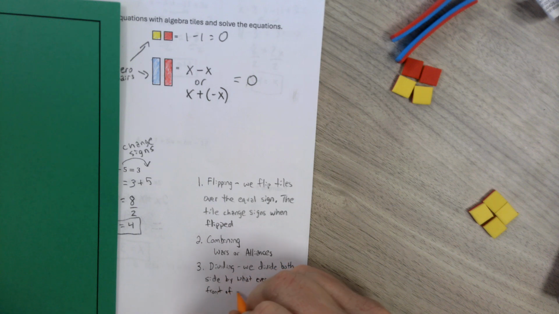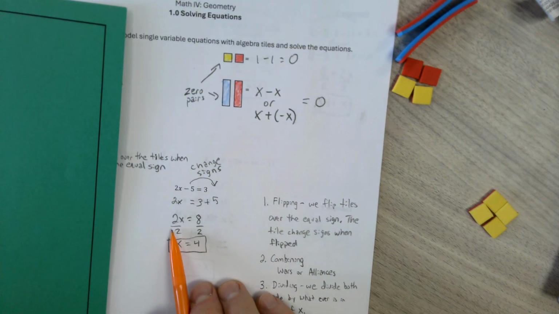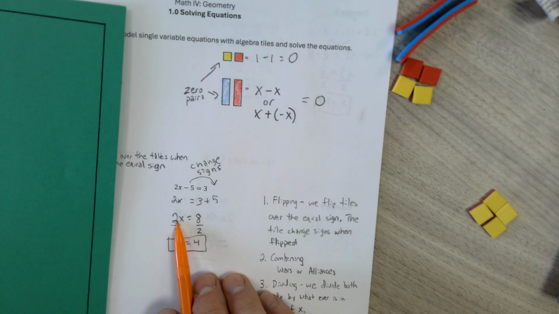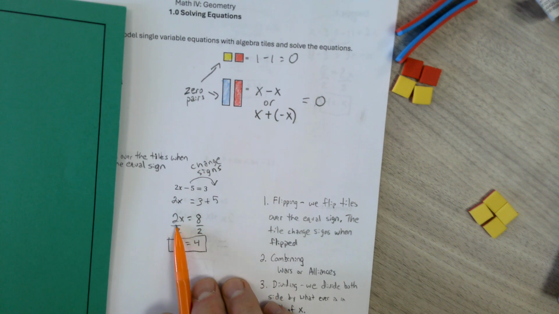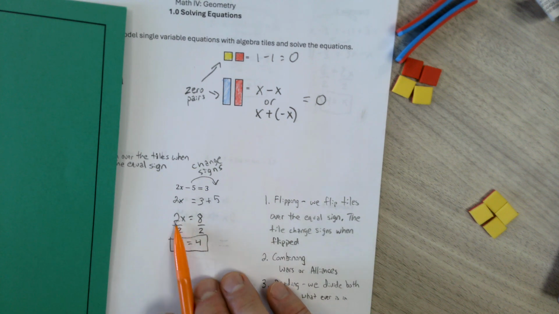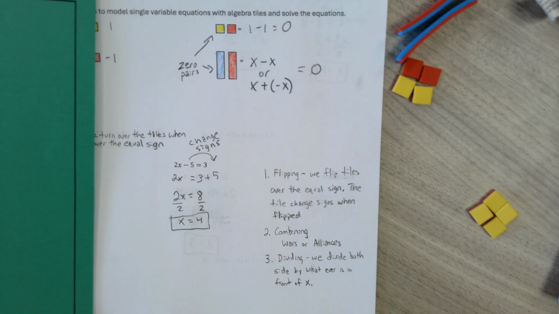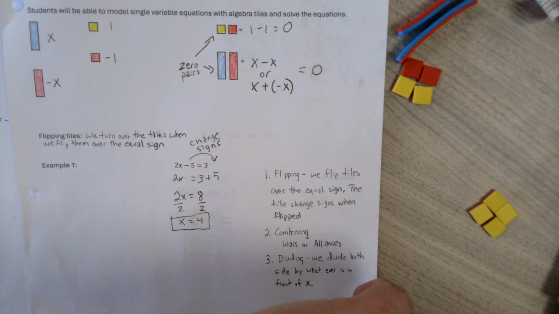So in this case, it was a 2, so it was 2x, so we divided both sides by 2. If this had been a 5, we would divide both sides by a 5. If this was a -7, we would divide both sides by -7. In the division step, you always divide by what was in front of x. All right, let's go and turn the page.